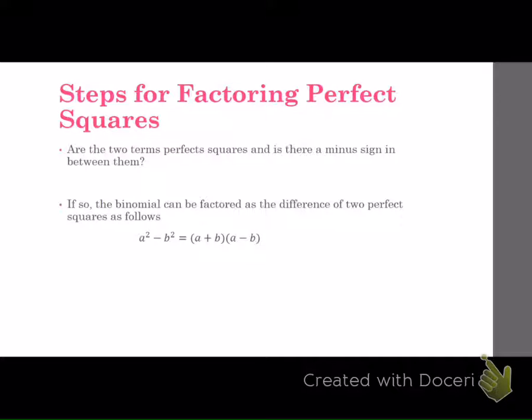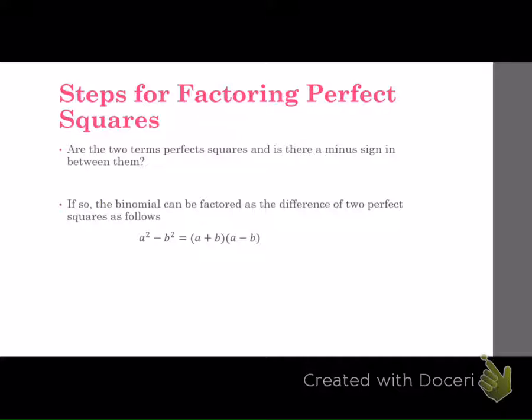Okay, steps for factoring perfect squares. Are the 2 terms perfect squares, and is there a subtraction sign in between them? If so, the binomial can be factored as the difference of 2 perfect squares.